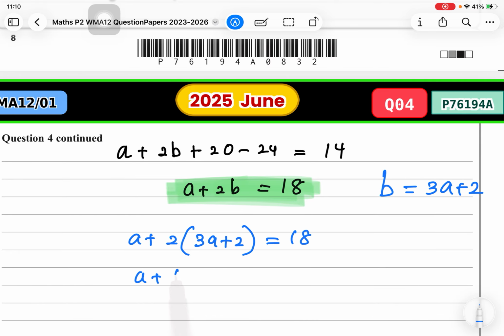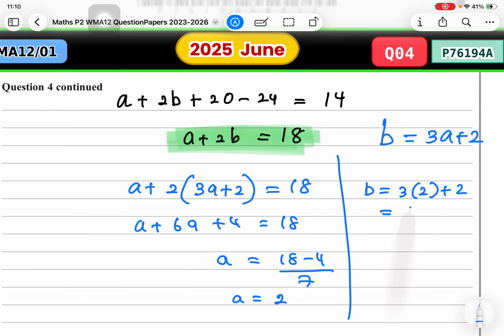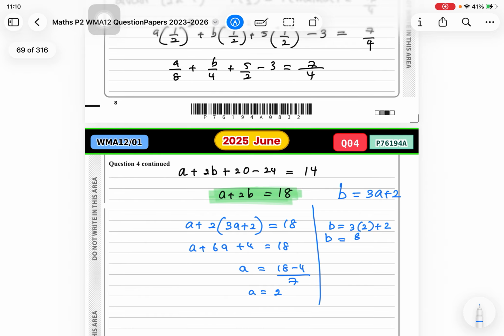When you simplify that, you get a as 18 minus 4 divided by 7, so a will be 2. Similarly, our b would be 3 times 2 plus 2, which is 8. So we got both answers, a and b.